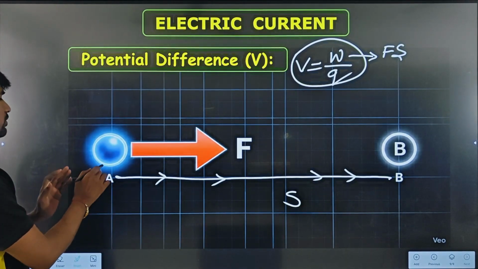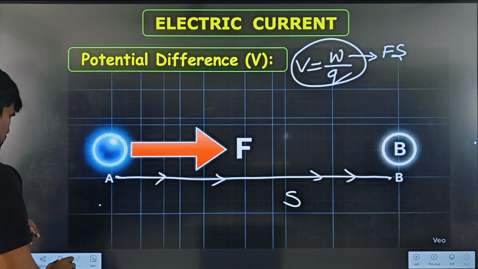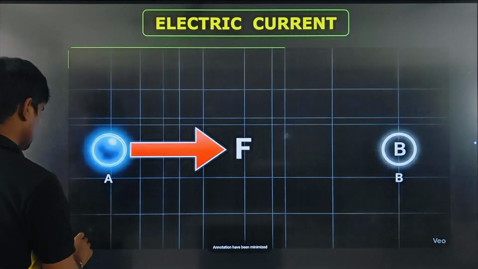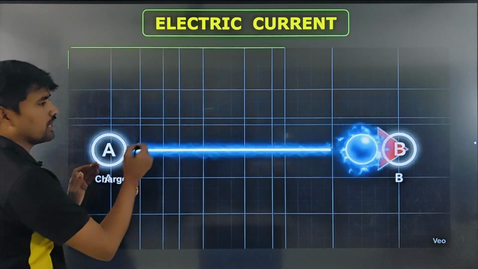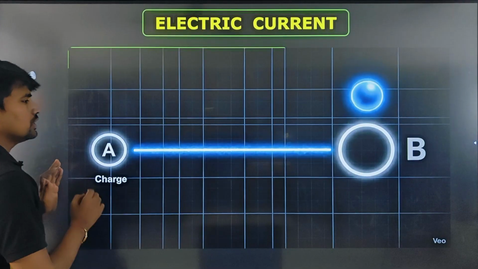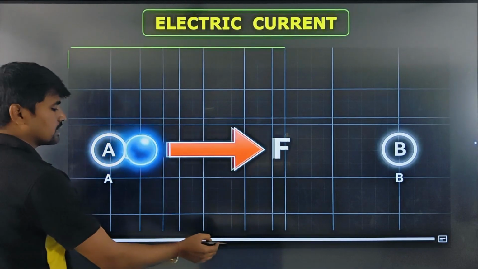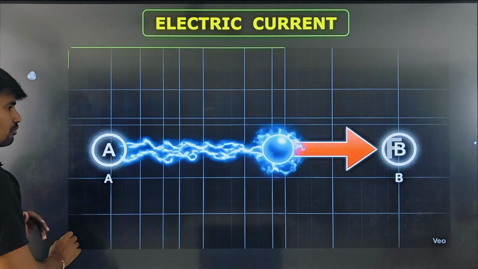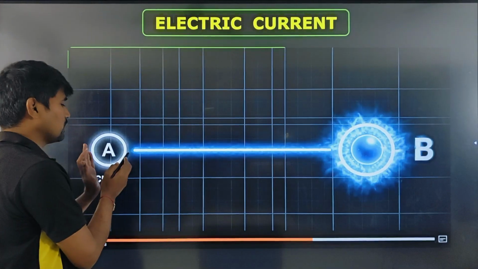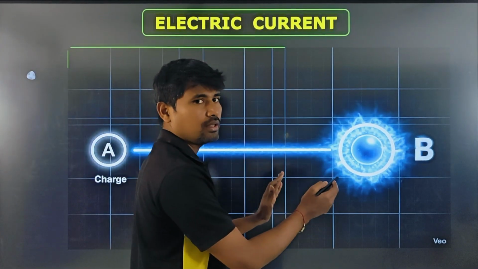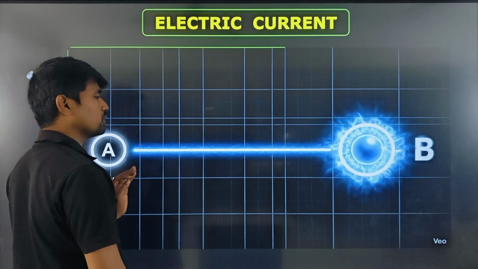So what is the definition? First let us see the video. See, now force is applied on the charge. It was shifted from A to B. Now the charge was shifted from A to B because of the electric force.